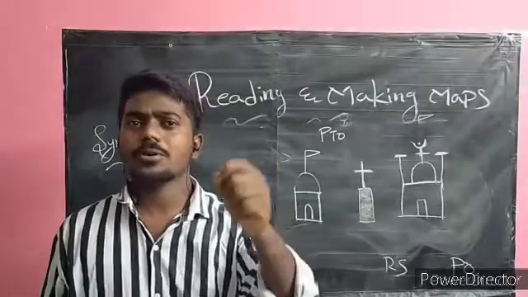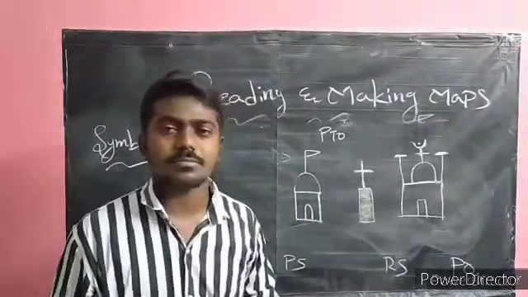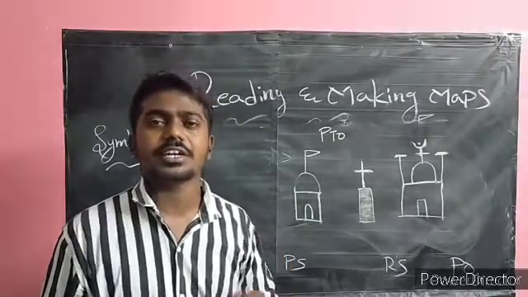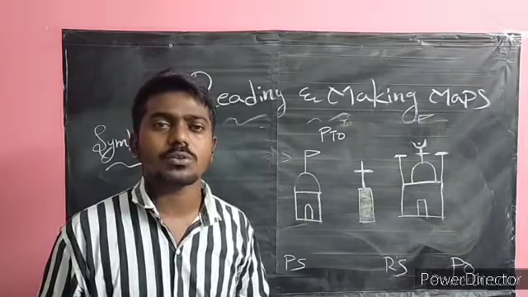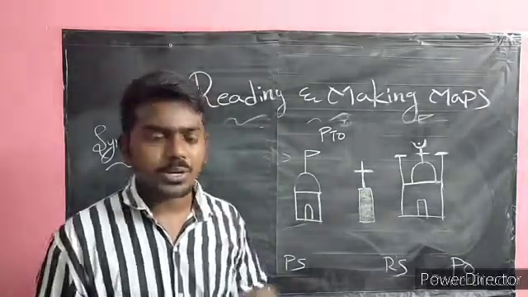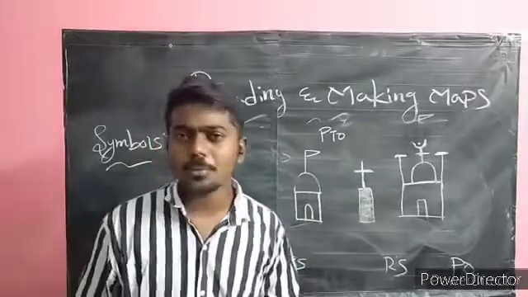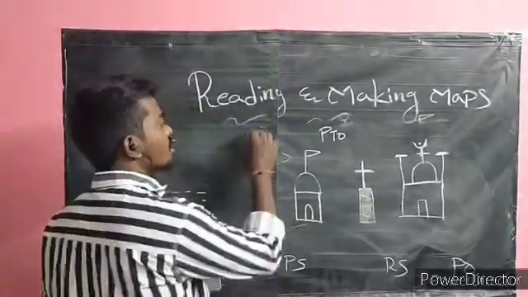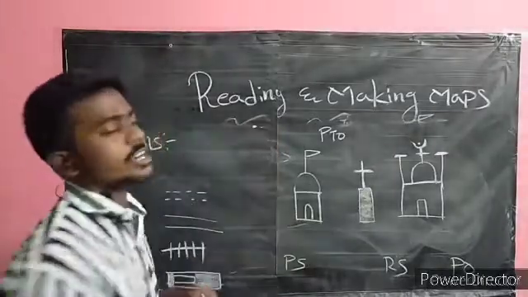If you see the district map, the villages and towns are shown with the symbol of dots or circles. If you see our India map, our capitals are shown with the point symbol or dot symbol.